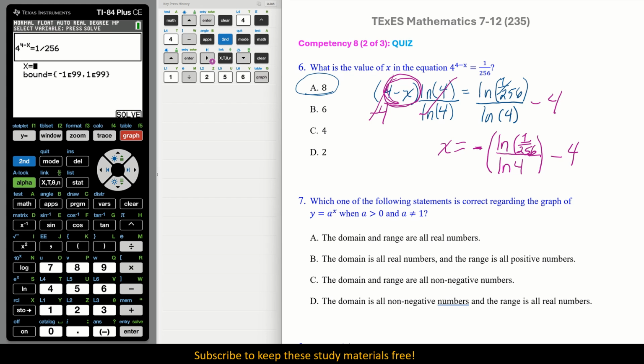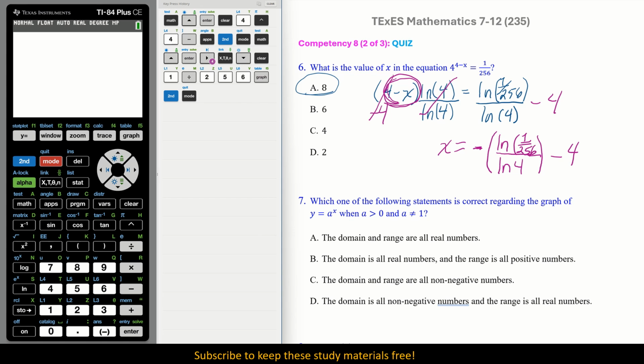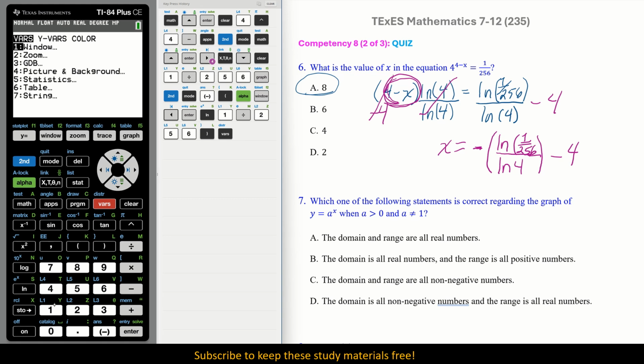We can just put that in the calculator as is, and we should get precisely the same answer. So let's back out of that, and let's use our parentheses correctly. I'm going to put negative and my parentheses, but I'm going to say alpha window, arrow over. Number 1 is what I need. Now I'll say the natural log, 1 divided by 256, then arrow down.